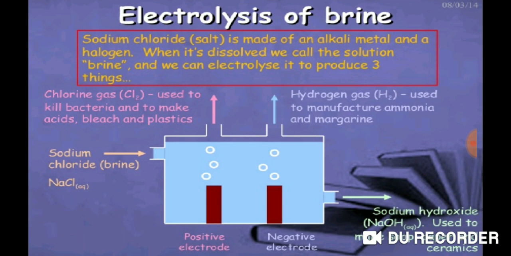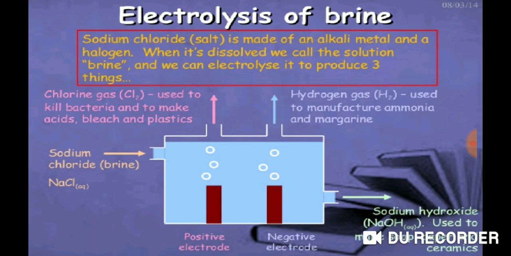That means chlorine gas. So you can see the electrolysis of brine. Keep in mind, brine is an aqueous solution of NaCl. Sodium chloride is made of an alkali metal and a halogen. When it is dissolved, we call the solution brine, and we can electrolyse it to produce three things. Chlorine gas, which is used to kill bacteria and to make acids, bleach and plastics.